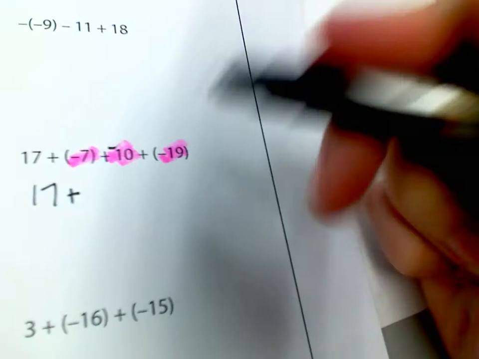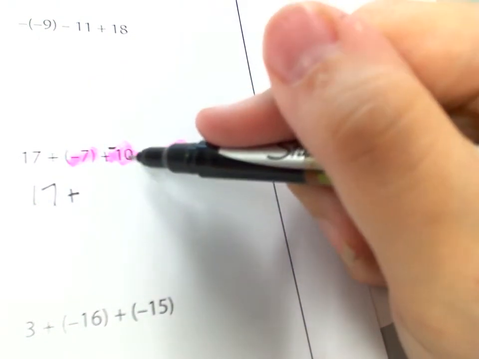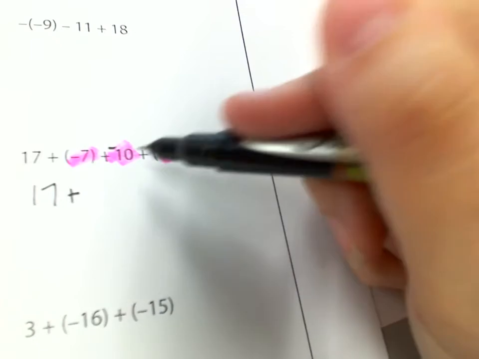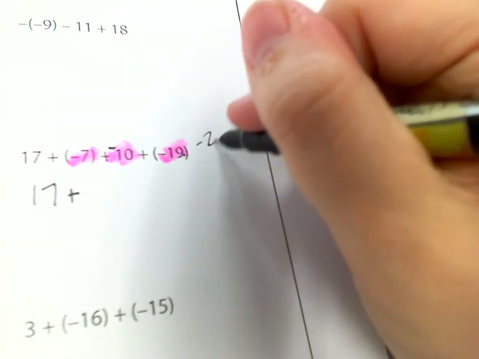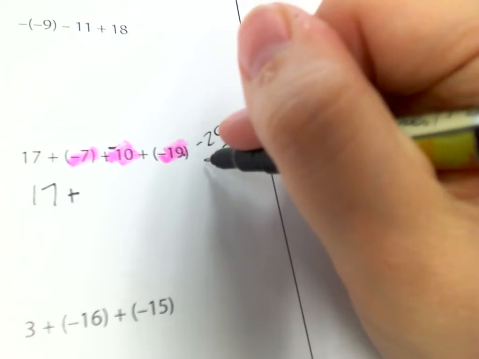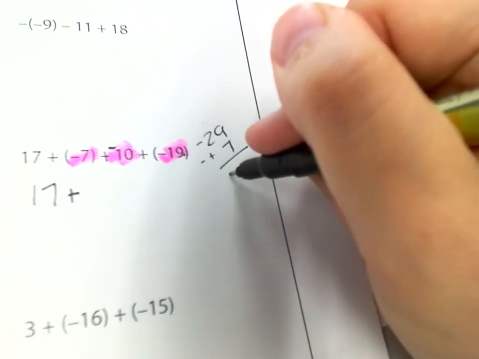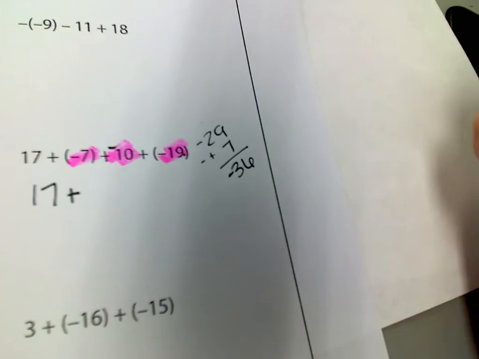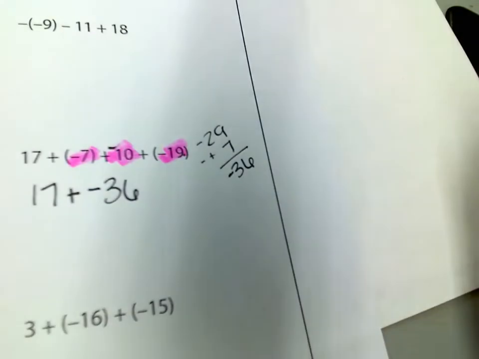So I have 17 plus -10 plus a -19 would be -29 plus a -7, right? -29 plus a -7, that would be -36. Correct? Okay, so that's going to be 17 plus a -36.